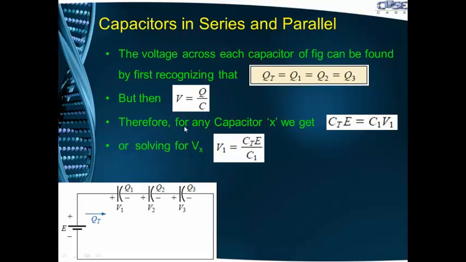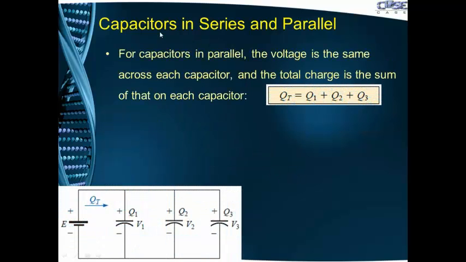Or for any capacitor X, we can write Qt is equal to Ct into E, which is equal to C1 into V1, and this would also be equal to C2 V2 and C3 V3. So from this we can find the voltage drop across any capacitor. That would be equal to Ct into E divided by C1.